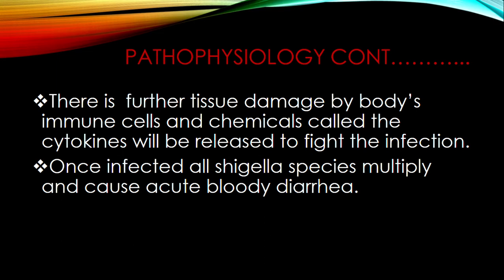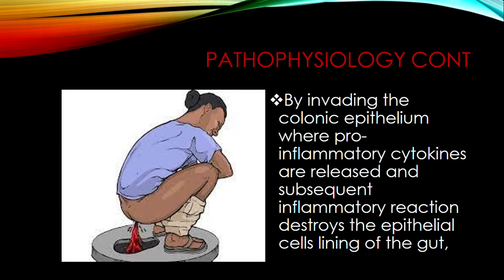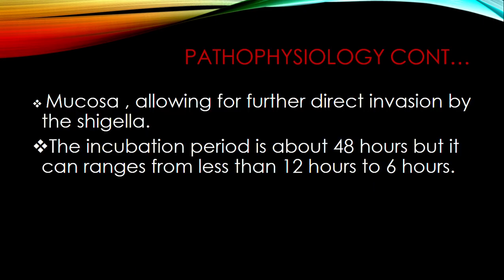So now, once infected, all the Shigella species multiply and cause bloody diarrhea. And this is what happens. By invading the epithelium, pro-inflammatory cytokines are released and a subsequent inflammatory reaction occurs, then there is destruction of the epithelial lining of the gut, of the GIT.